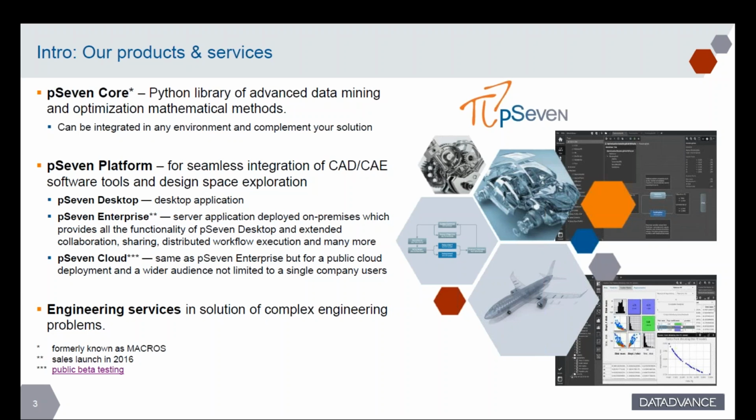pSeven Platform is available in three forms: as a classical desktop application, as a server application which can be deployed on premises, and as a cloud service. All these variants are equal functionally and can be used independently or together. Please note that the server version is not publicly available and its release date is yet to be defined.